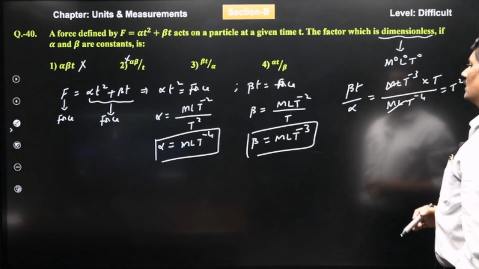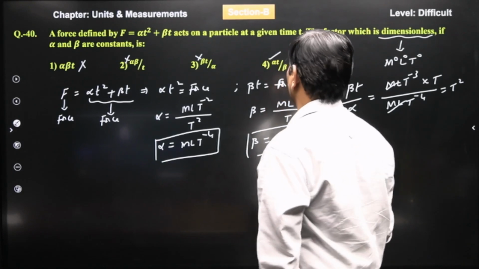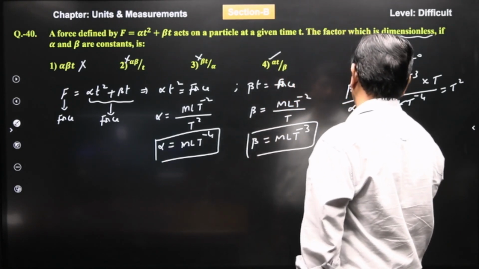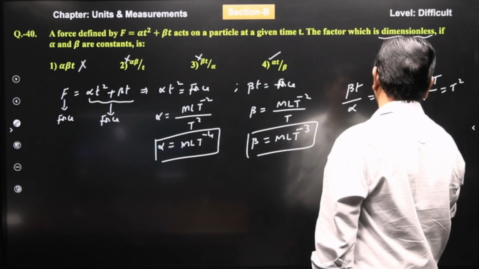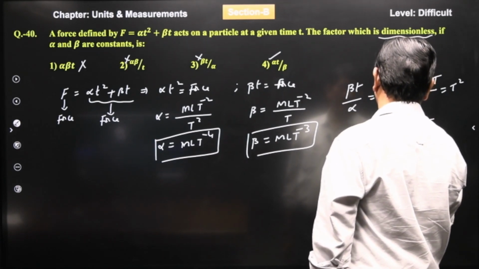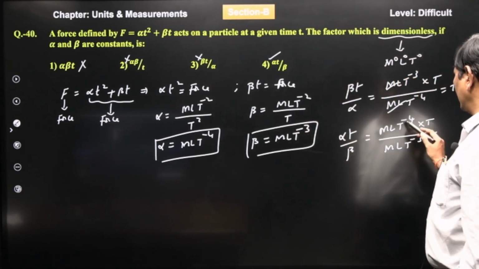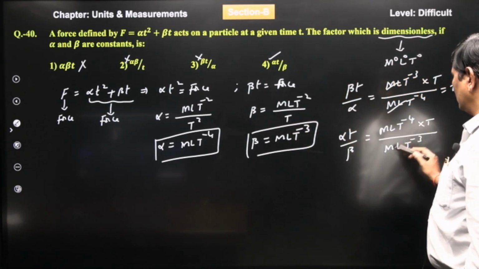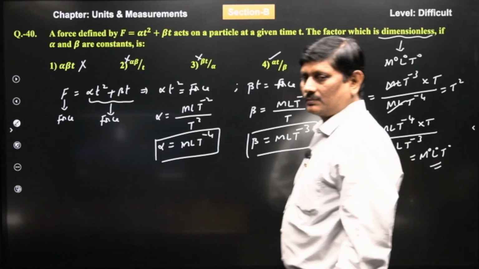It is also not possible. Third one also not possible. So the possibility is only the fourth one, alpha t by beta. That means m l t power minus 4 into t by m l t power minus 3. See, t power minus 4 and t power minus 3 together get cancelled and it becomes m power 0, l power 0, t power 0. So the fourth one is possible.